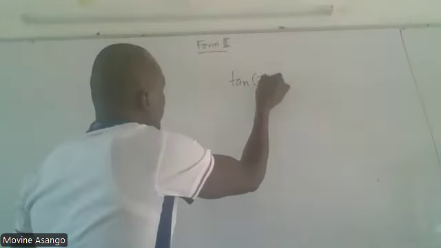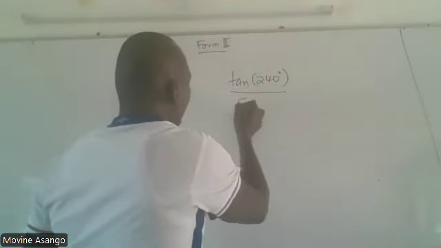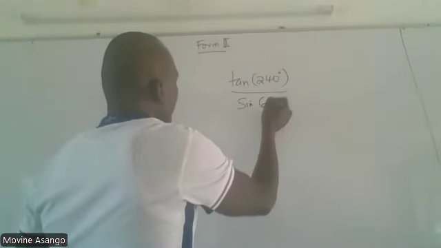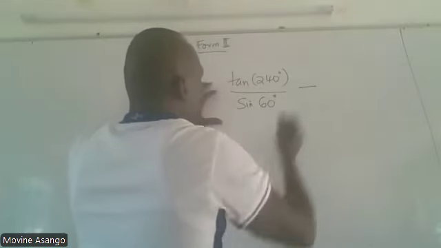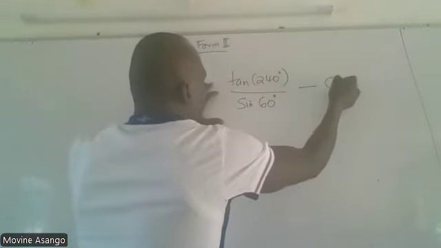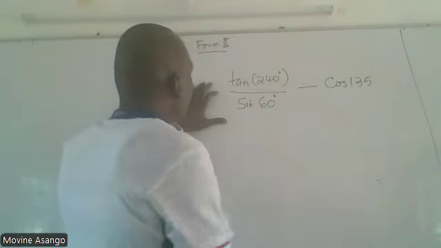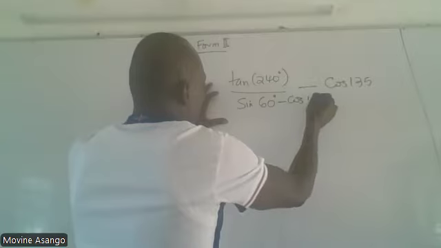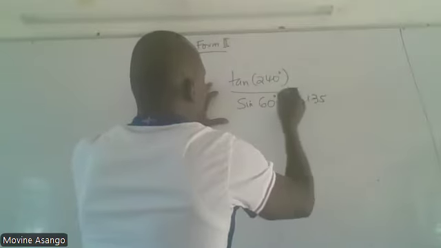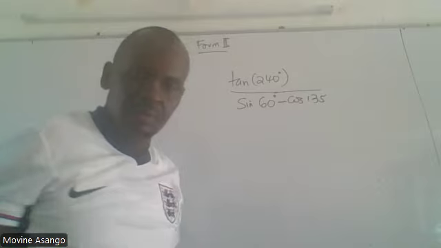The whole tan 240 over sine 60, minus cos 135. Without using a calculator, simplify.